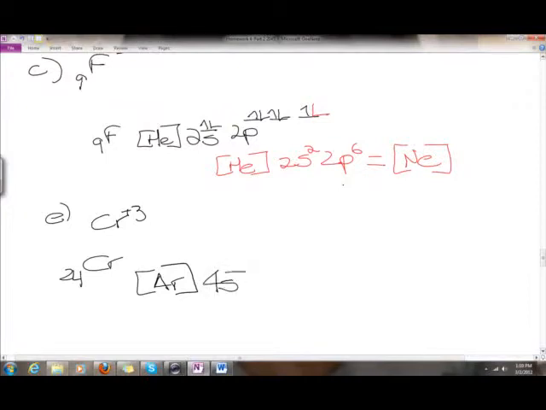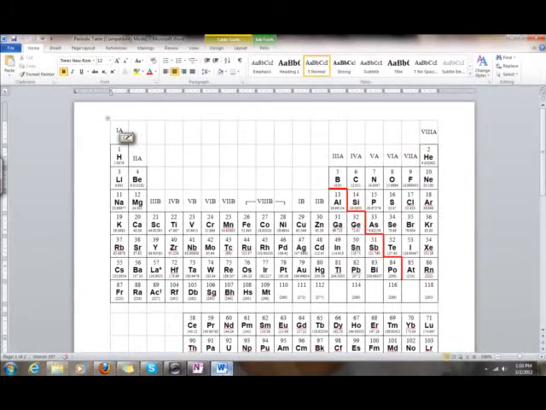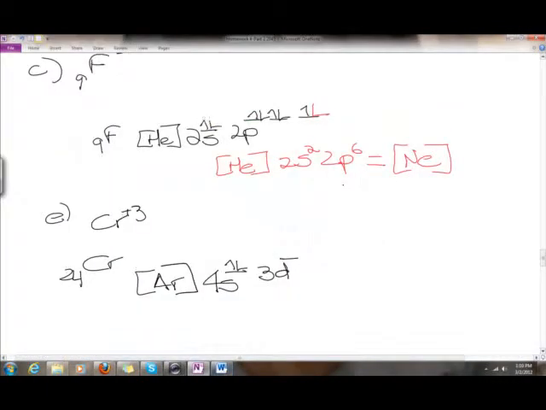4s, 1, 2, 3d. How many do we have in 3d? 1, 2, 3, and 4. And this is very important. You have 1, 2, 3, 4, 5.